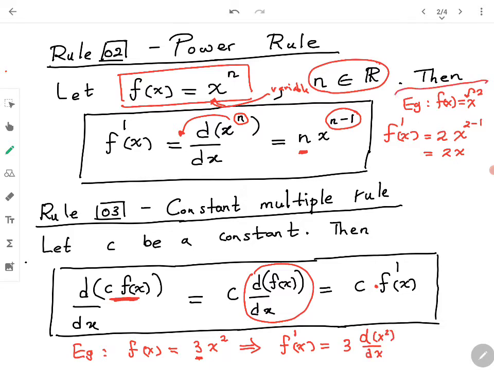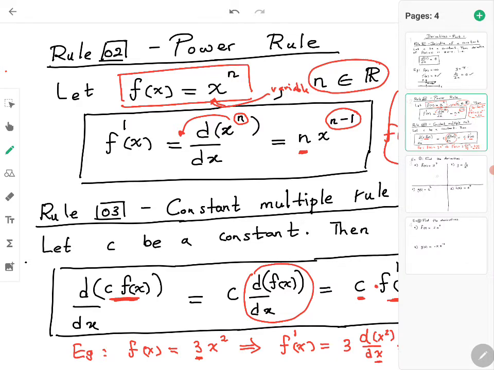In this example, using the power rule, I found it already, which is 2x. So 3 times 2x, simplify, you get 6x. That's how you use the constant multiple rule. You just keep the constant outside, don't mess with it, just take the derivative of the variable part. Here x squared is the variable part, which gives 2x, then just finally simplify it.